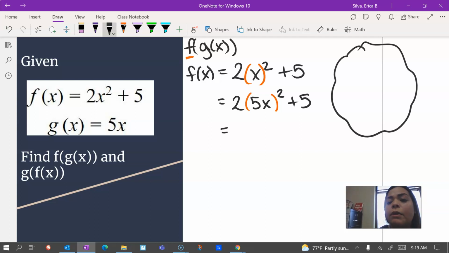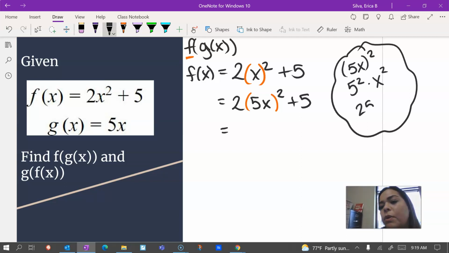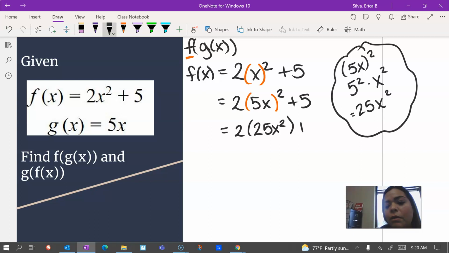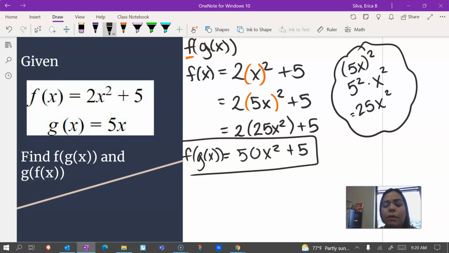So here, 5x squared means we're going to square the 5, and we're squaring the x. 5 squared is 25, and we get 25x squared. We're going to replace that in here, and now we just simplify. This is 50x squared plus 5. So f of g of x is equal to 50x squared plus 5.